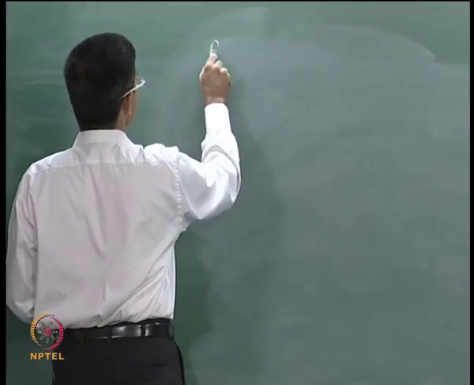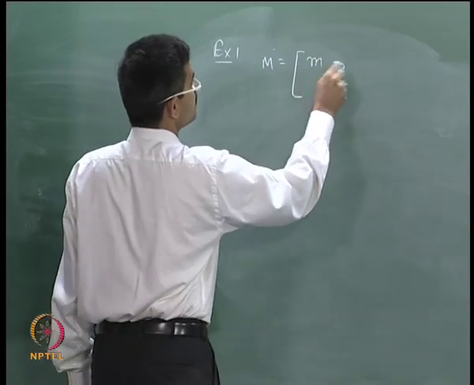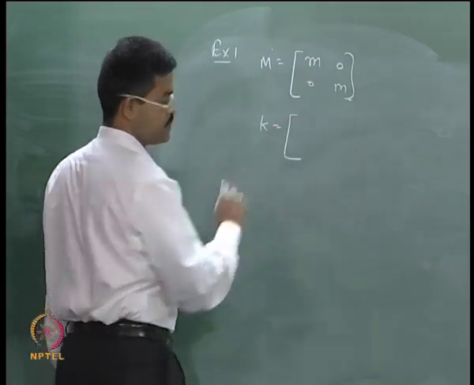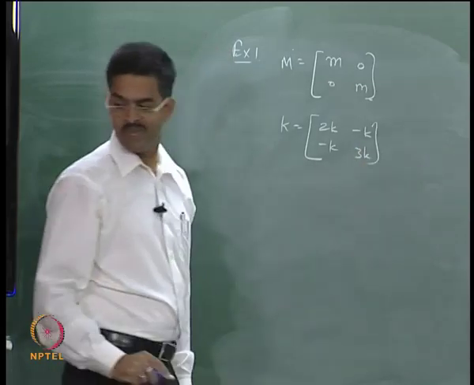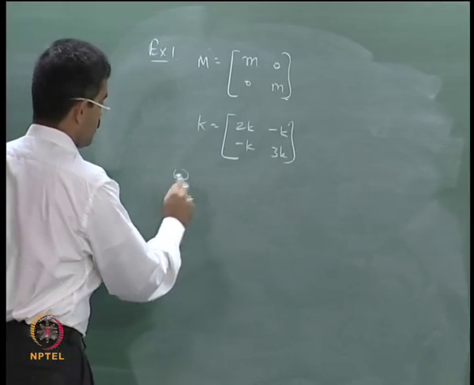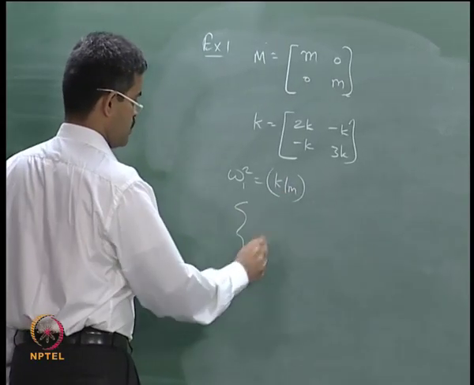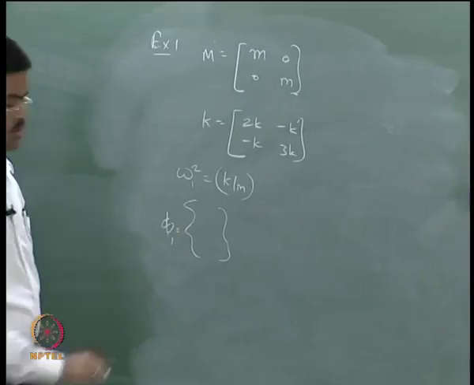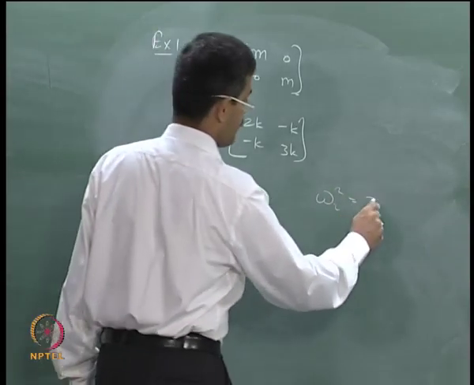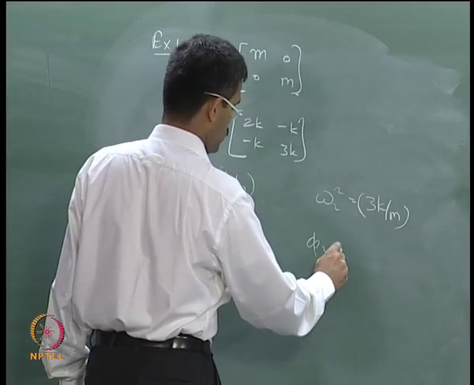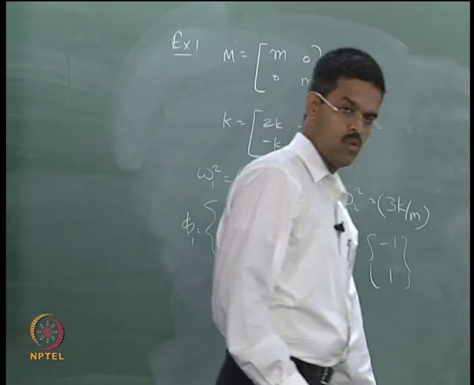So I will take up an example where my mass matrix is simply m 0 0 m, where my K matrix is 2k, minus k, minus k and 3k, and omega 1 square is simply k by m, and the first mode phi 1 is 1 and 1, omega 2 square is 3k by m, and phi 2 is minus 1 and 1. These are obtained by the standard procedure, we already know this.